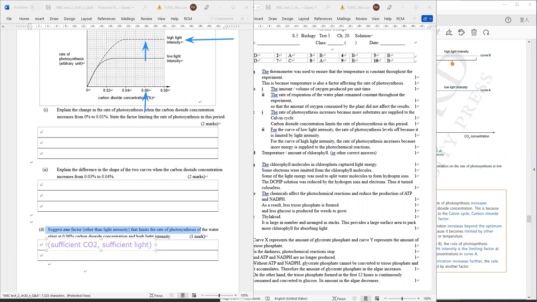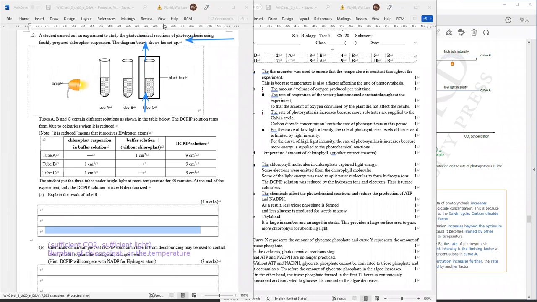So what may be the other factors? Usually we say it's the number of chloroplasts, which can be one of the limiting factors, or the temperature. So even if you supply enough CO2 and enough light, the number of chloroplasts or the temperature can be one of the limiting factors.